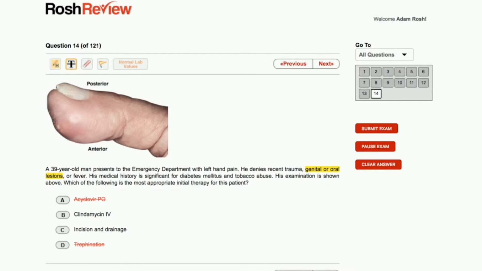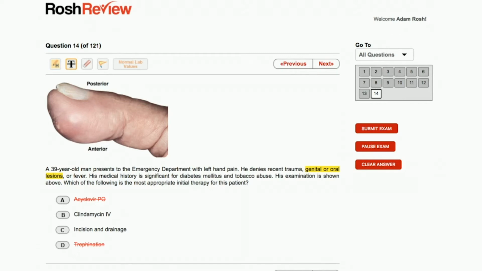Now, let's look at what they're really asking us. The most appropriate initial therapy. Well, this patient appears to have an abscess in the distal finger, but abscesses in the fingers are a little more complicated than ones that may occur, let's say, on your arm or forearm. It has to do with the anatomy of the finger.